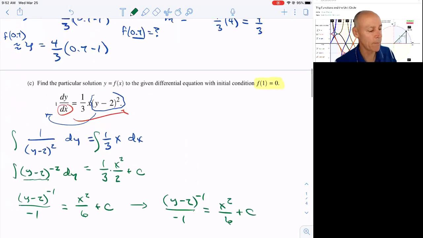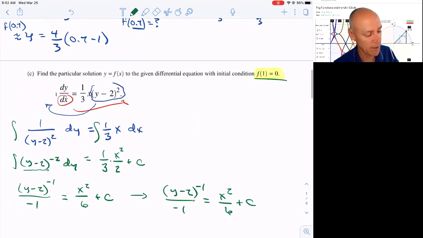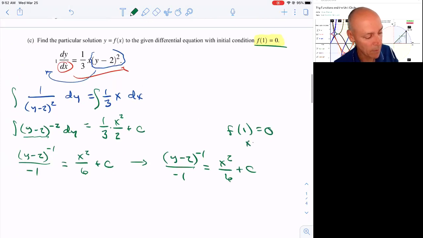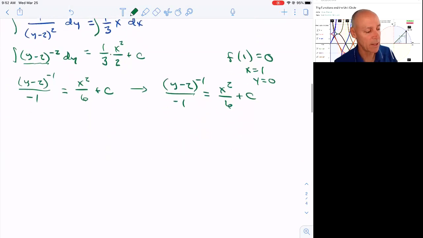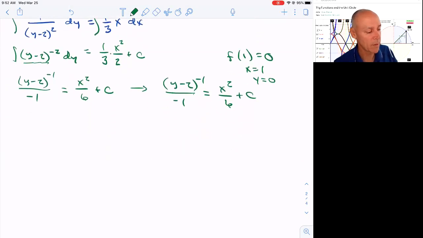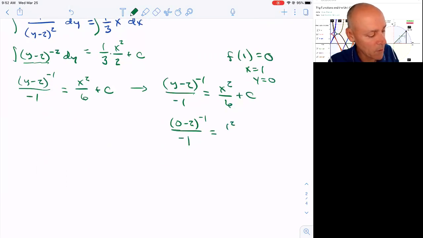And now at this point, I'm going to take my initial condition, which is another way of saying when x is equal to 1, y is equal to 0. And I want to substitute that initial condition into my equation here. So I'm going to get, on the left side, 0 minus 2, to the negative first, over negative 1 is equal to 1 squared over 6 plus c.